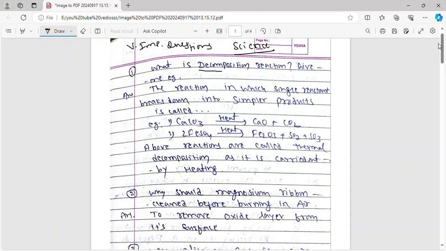So what is a decomposition reaction? You know that when we can say a chemical reaction has taken place, the chemical reaction and equation is your first chapter.